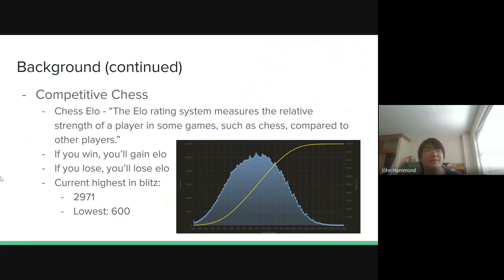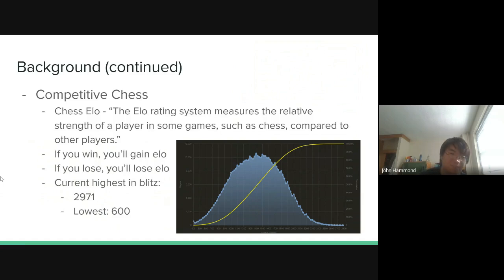If you win against a player who's higher rated than you are, you'll gain more ELO, whereas if you lose to a player worse than you, you'll lose more. And vice versa. If you win versus someone who's lower than you, you'll gain less ELO. And if you lose to someone who's higher rated than you are, that's more expected, and you'll lose less ELO.